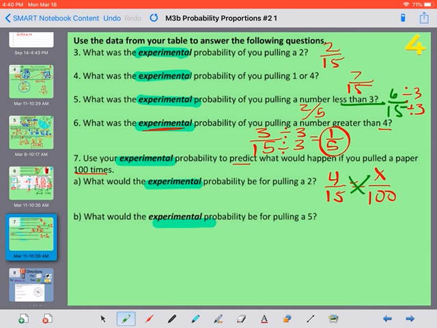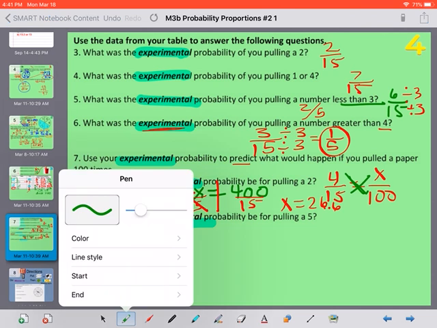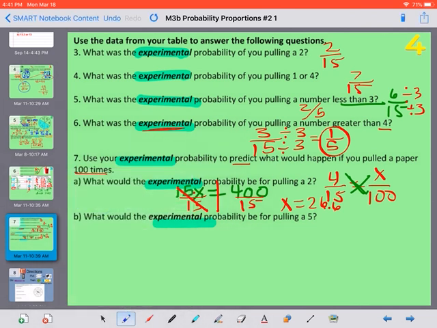So we're going to cross multiply. 15 times x is 15x. 4 times 100 is 400. So all we need to do is divide by 15. Those eliminate, and we get x equals whatever 400 divided by 15 is. And we get 26.6, which I would round, because we can't pull a number out of a hat 0.6 times. Round that to 27 times.